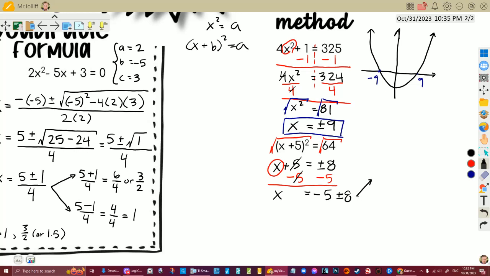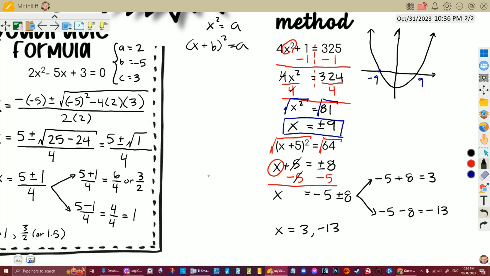One for the plus, one for the minus. So our two answers are going to be negative 5 plus 8 and negative 5 minus 8. So negative 5 plus 8, I happen to know that that's 3. And negative 5 minus 8 is negative 13. So the two answers for that second equation are 3 and negative 13.